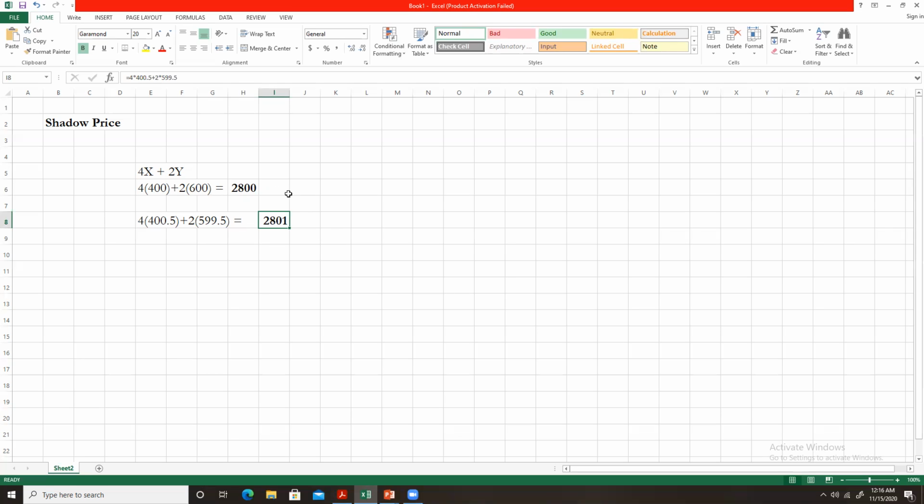So the increase in contribution, how much is the increase? The increase is only $1.